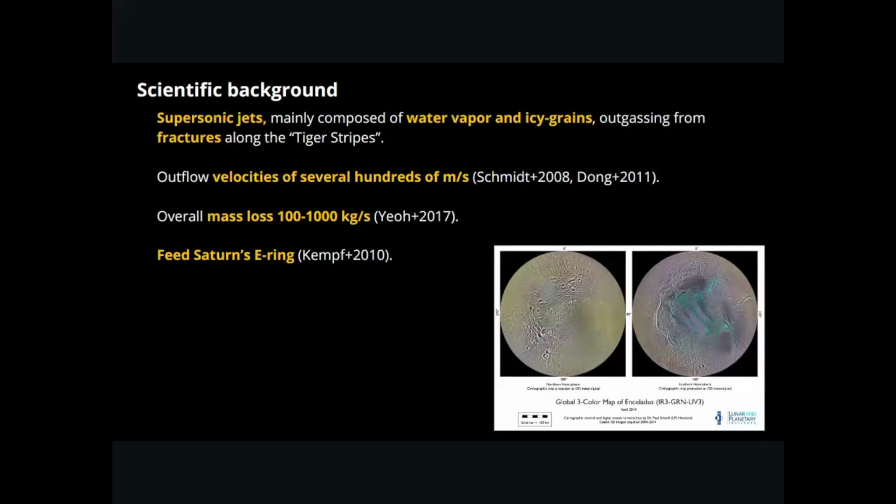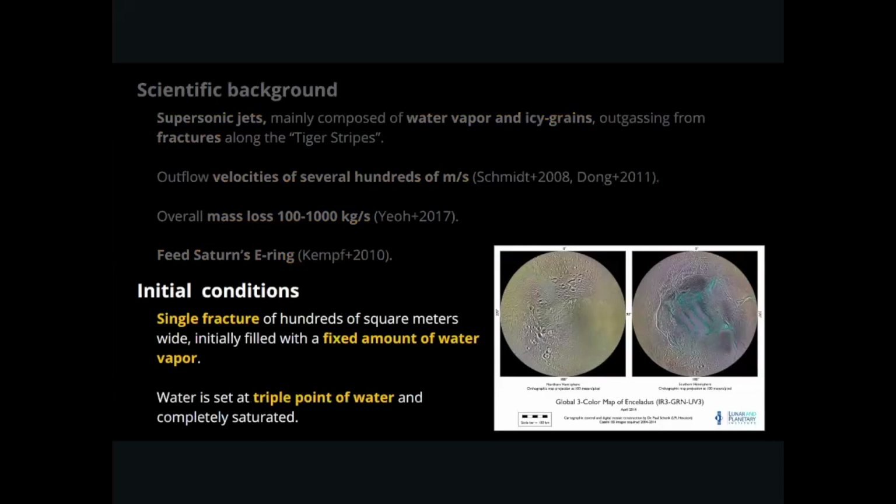So we start from the very beginning, since we are building our model, and our initial condition first considers a single fracture that has a geometry determined by the observations, and it has an initial amount of only water vapor, and is filled with this amount.